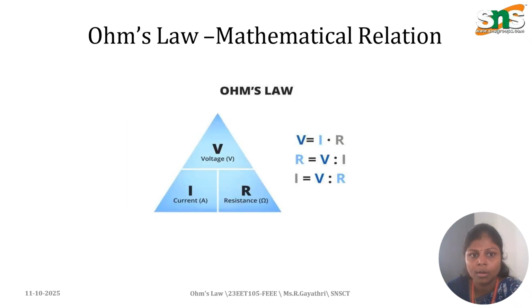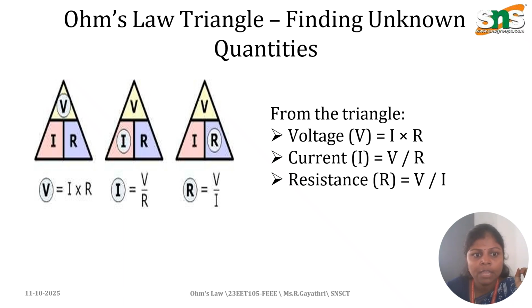Then coming to the Ohm's law mathematical relation, it is derived using the Ohm's law triangle. In the triangle, V is the upper part, and I and R are the lower part. When finding voltage, current and resistance are multiplied.